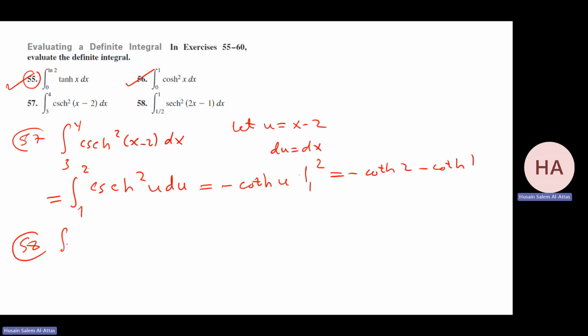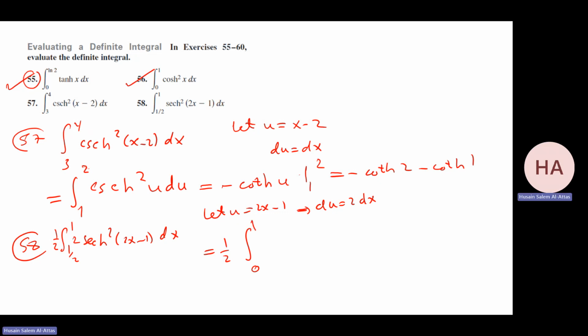58, same idea. Now I let u be 2x minus 1. So du is 2 dx. So I need a half outside. So that would be half integral of, at 1/2, it will be 1 minus 1, that is 0. And at 1, it will be 1.